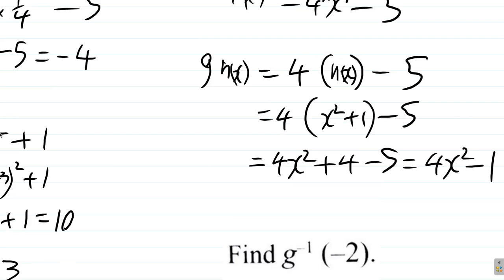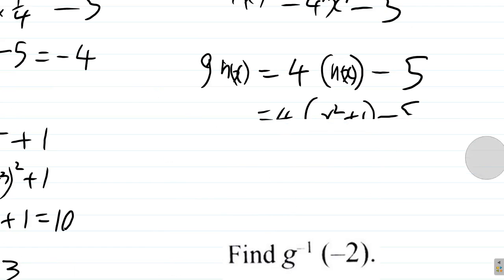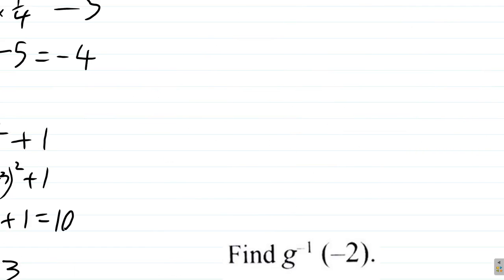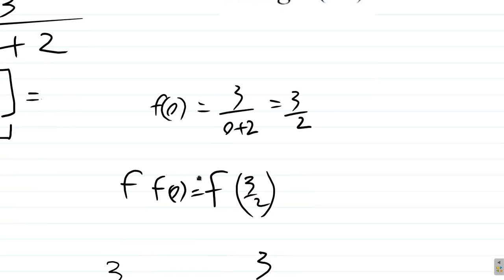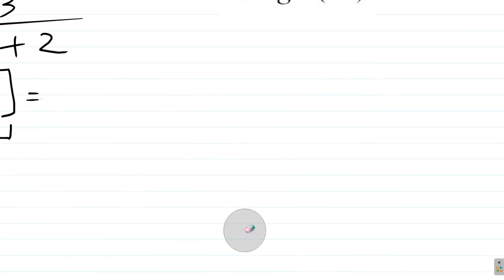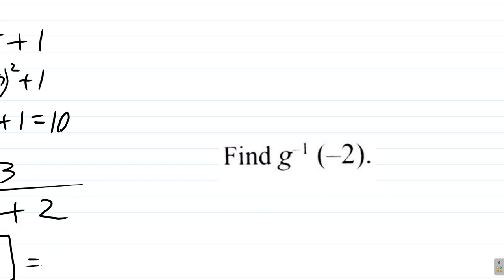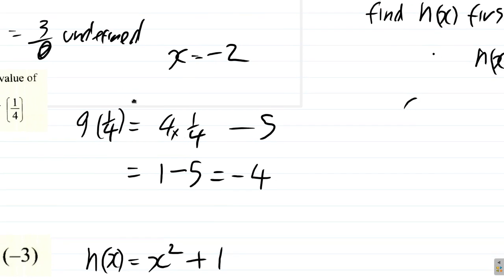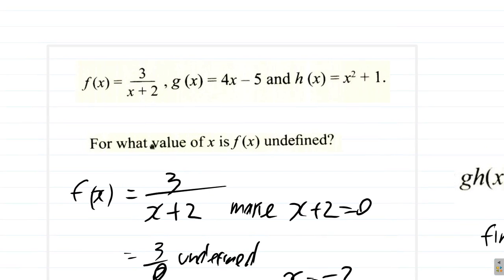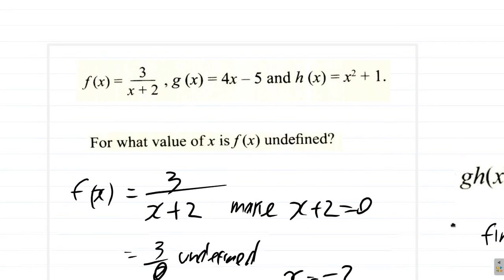It doesn't seem like we're going to need the work that we did before, so let's erase some of these things here. Alright, g inverse of negative 2. So g of x is 4x minus 5.